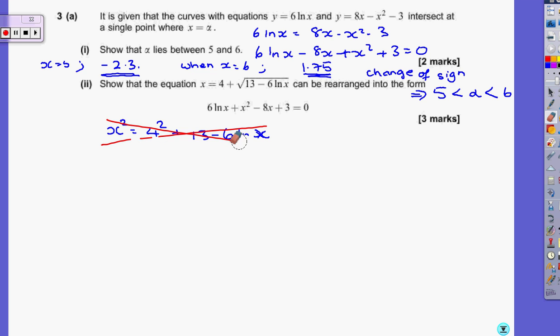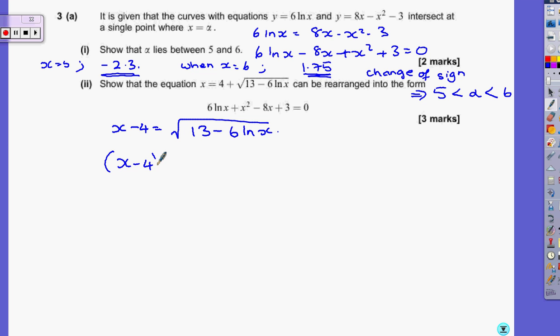The same goes for when you square things. You have to square the whole side of the equal sign. You can't just decide to do little bits. So in this case, the first thing you've got to do is bring that 4 over to the other side. Then you can square both sides. Then you need to multiply out this side.